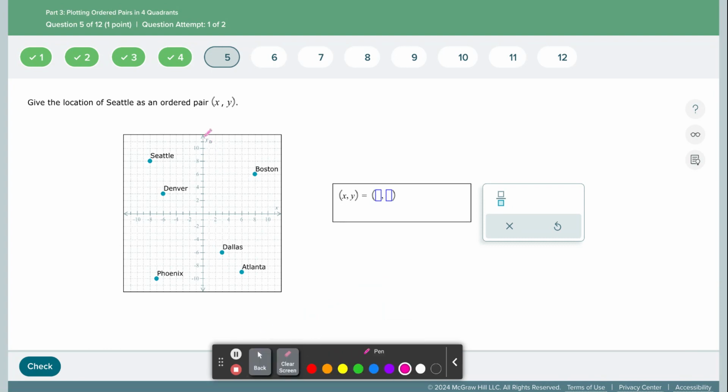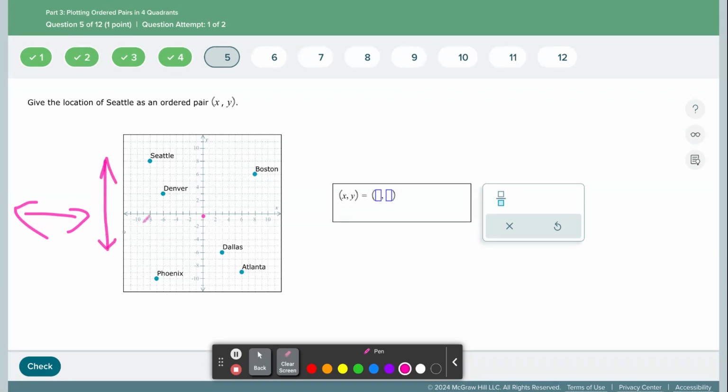Anytime you have 4 quadrants, just like before, you have to start smack dab in the middle at the origin, right? So that's 0, 0. I know I need to get over here, correct? I have to walk left or right first. Then I get to go up or down, okay?